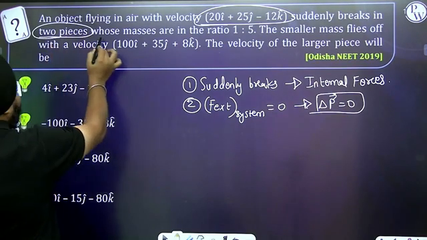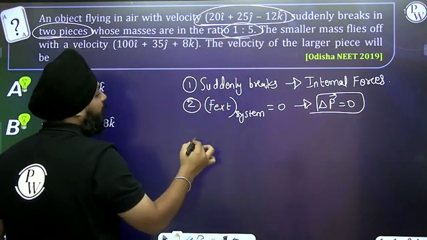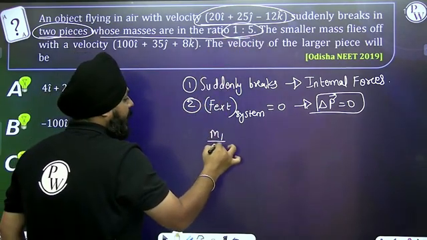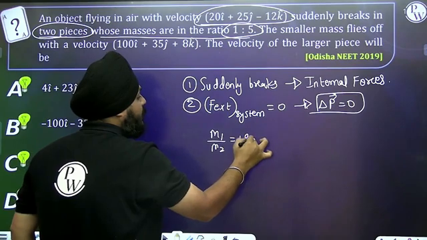It breaks into two pieces whose masses are in the ratio 1:5. M1 by M2 is equivalent to 1:5.